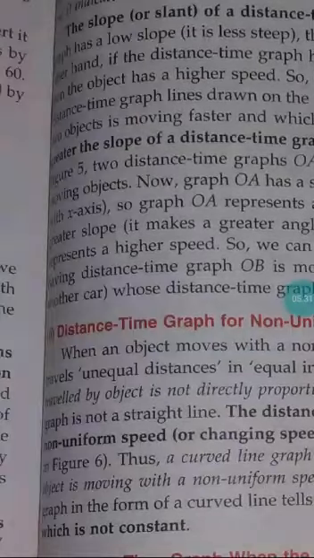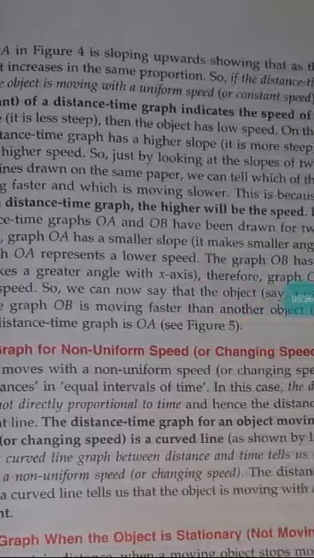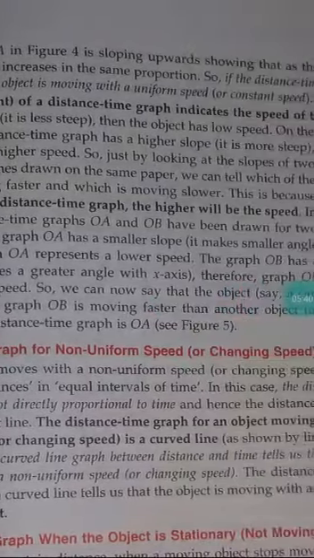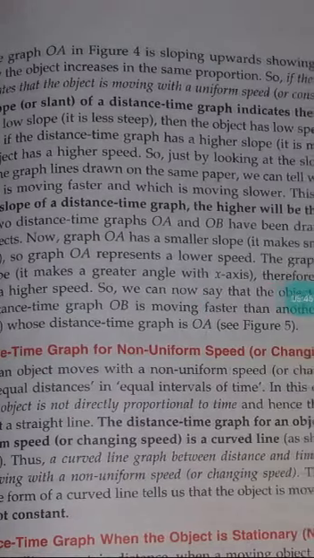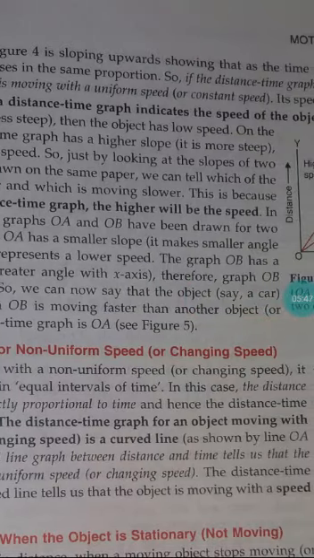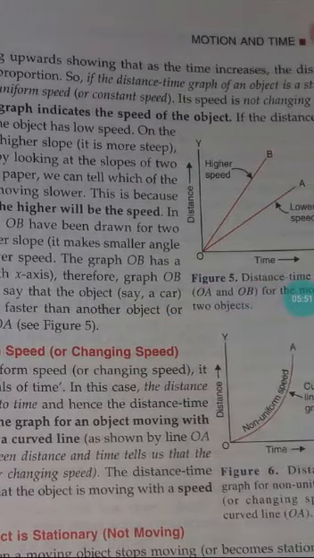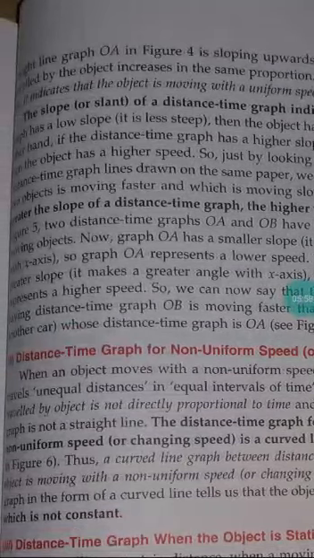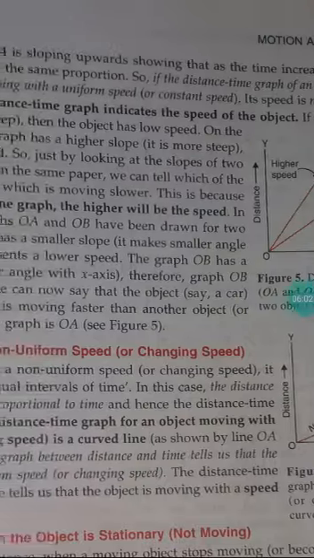Okay, see here in figure 5, two distance time graphs OA and OB have been drawn for two moving objects. Now graph OA has a smaller slope. Slope means angle, simply this angle, the angle made by the straight line with the x-axis. OB makes a greater angle than OA, right?